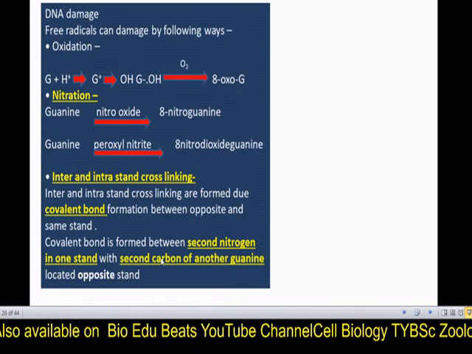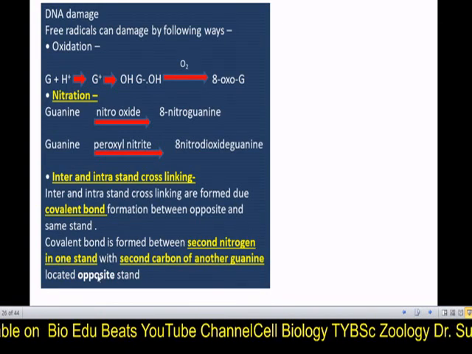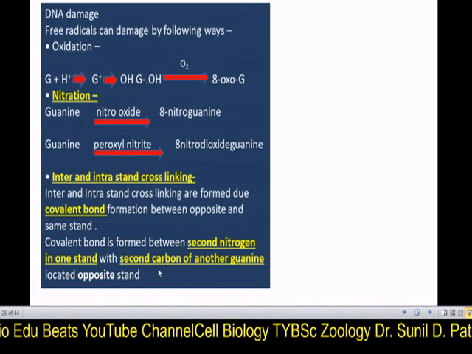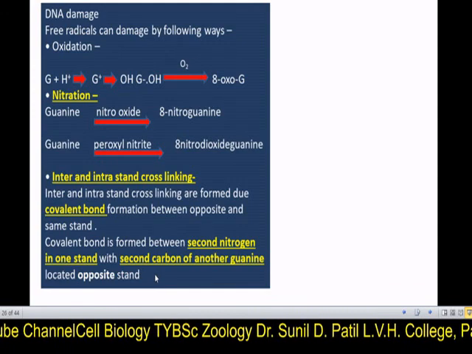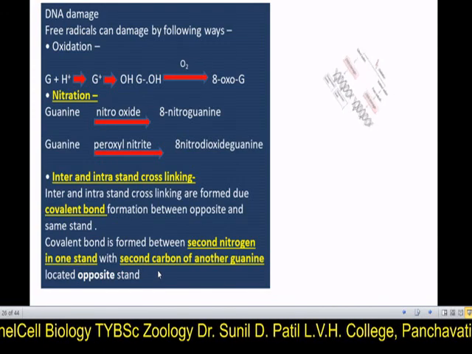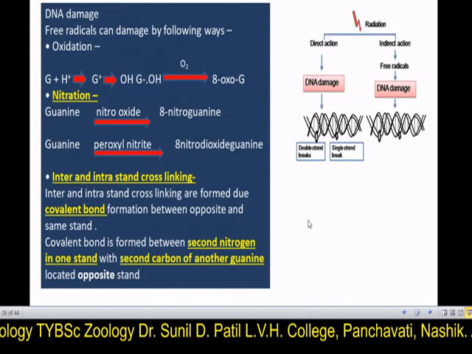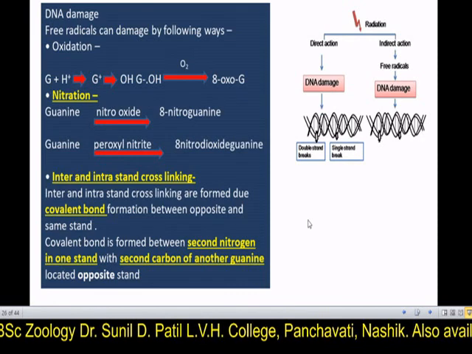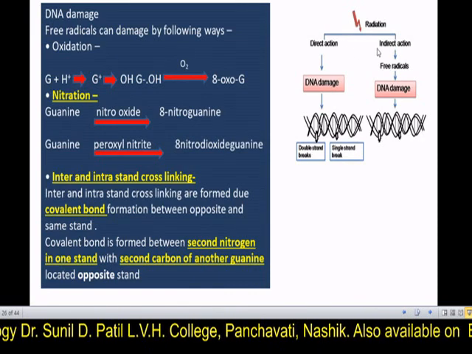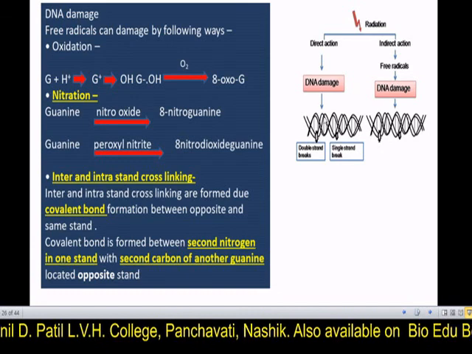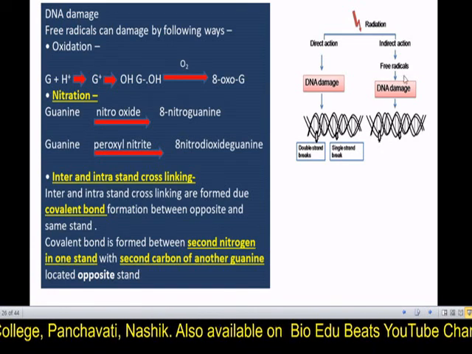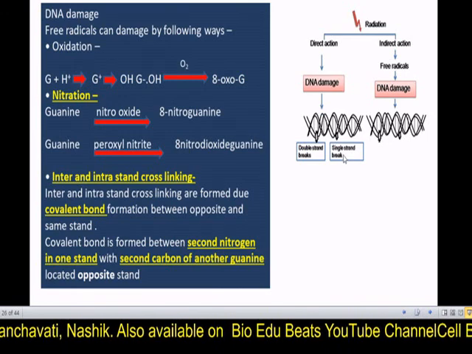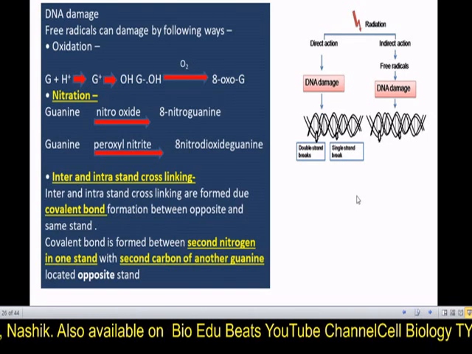A covalent bond is formed between the second nitrogen in one strand and the second carbon of another guanine located in the other or opposite strand. So there is a direct effect and an indirect effect on the DNA. Double-stranded breaks occur in both cases. Free radicals also cause the same effect. Single strand breaks and double strand breaks occur due to radiation.